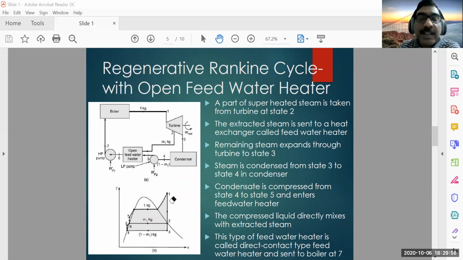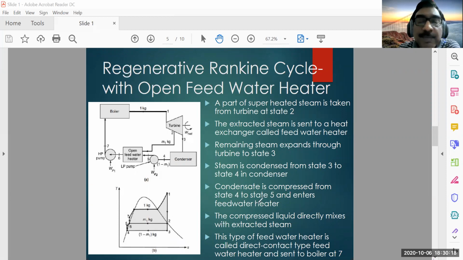So here, the condensate is compressed from state 4 to state 5 and then enters into the feed water heater. After compression, the 1 minus m1 kg of liquid goes to the feed water heater, that is point number 6.